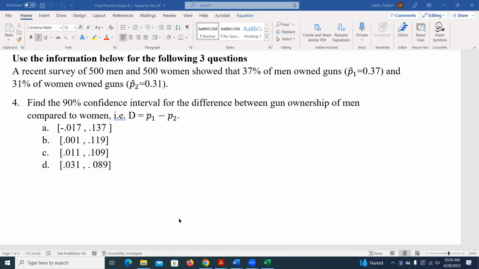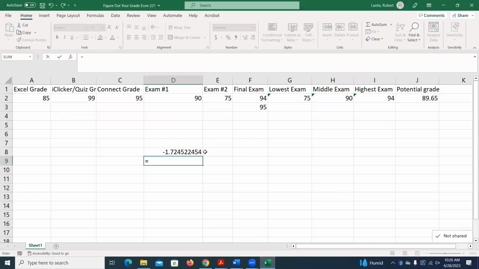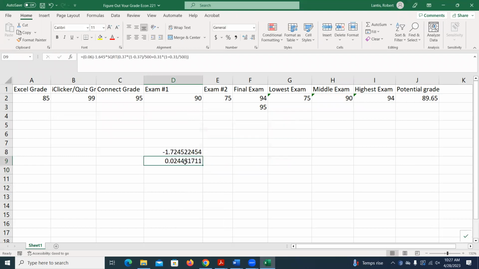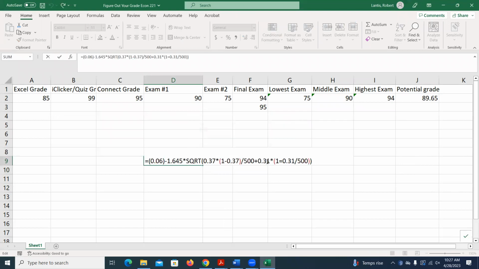I don't know what this ends up being. We've got the answer key, but we could do this here real quick. So 0.06 minus 2.645 times the square root. See if I can do this without making a typo. If anybody beats me to it, feel free to. Nope, I definitely made a typo somewhere.